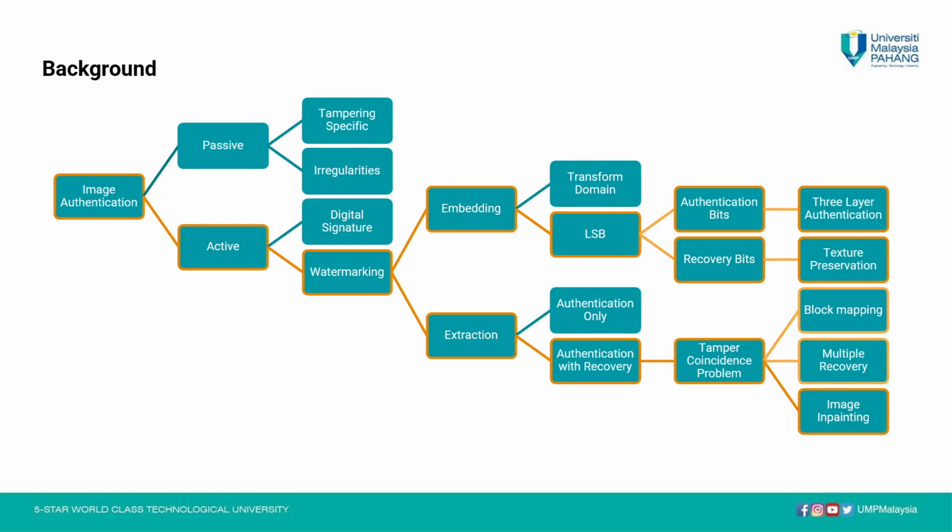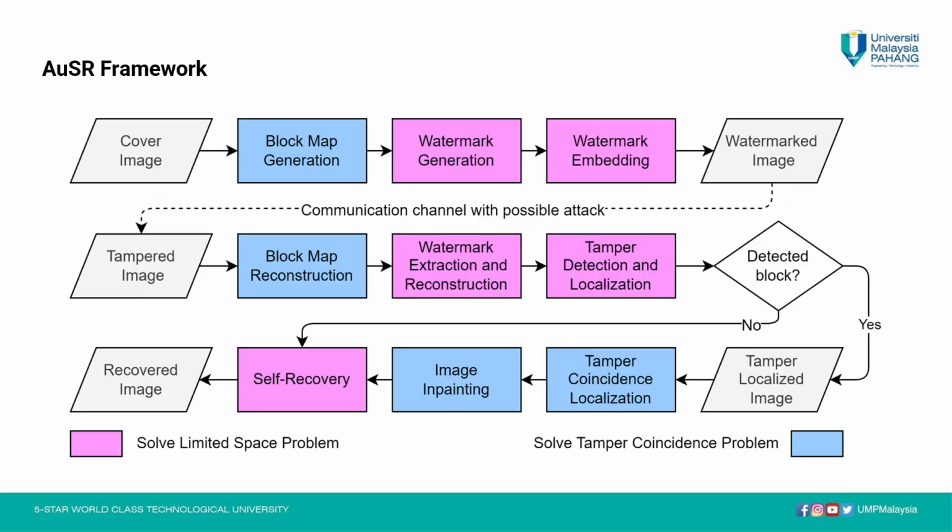In authentication and recovery, there is a problem which we call the tamper coincidence problem. To solve this problem, we use three techniques, from our recent research: block mapping, multiple recovery, and image inpainting. We will discuss them later.